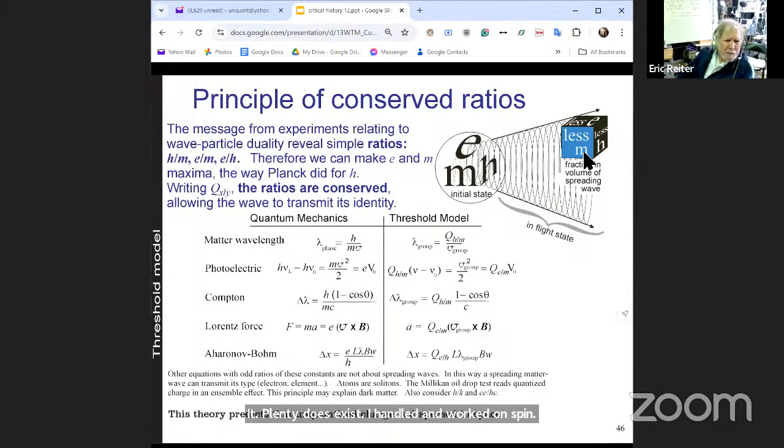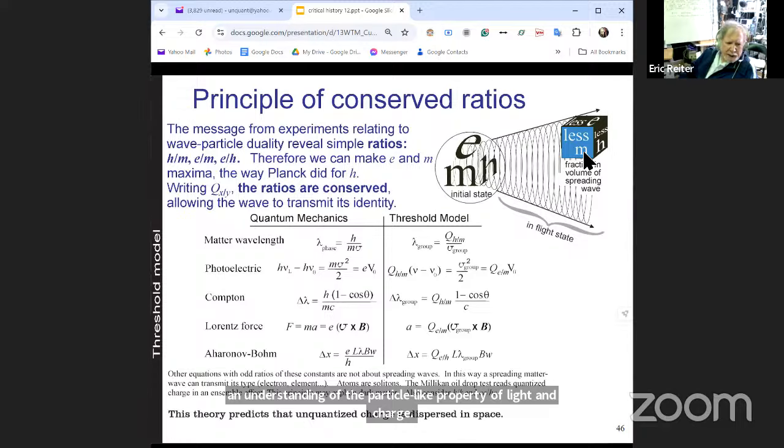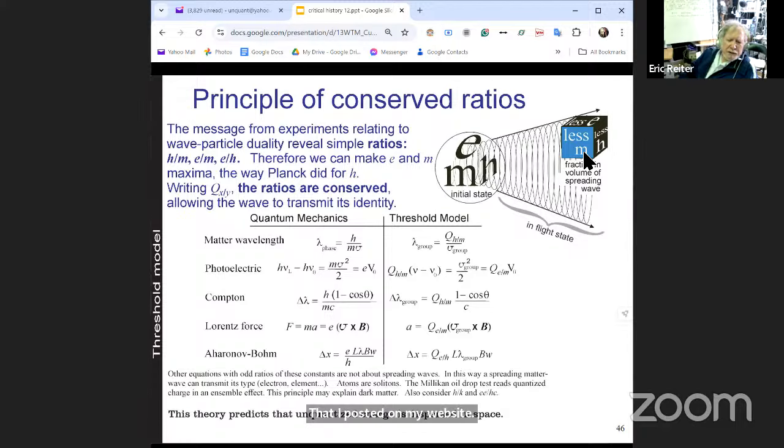I'll refer you to my paper on an understanding of the particle-like property of light and charge that I posted on my website and a few other places. So I do have a theory of spin. I did some calculations of atoms entering the Stern-Gerlach magnet and what it's about. I'm just not prepared to go into spin right now.